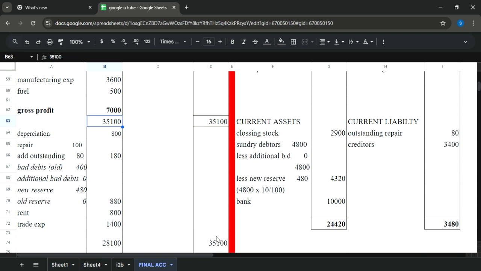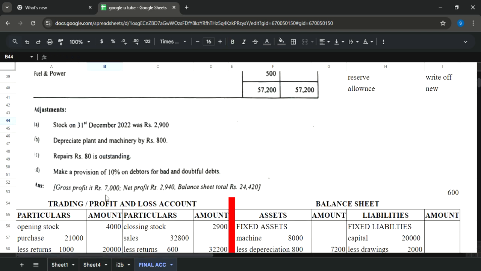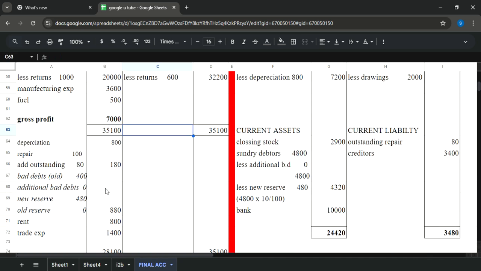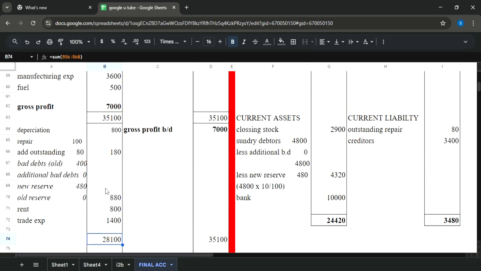So we have got gross profit, and you can see that the first answer, 7,000, is exactly according to the book. This gross profit now needs to be brought down. You will write 7,000 to the opposite side. So in this way, the second portion of the calculation would be started.